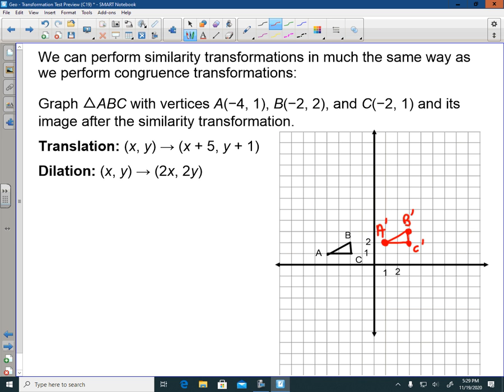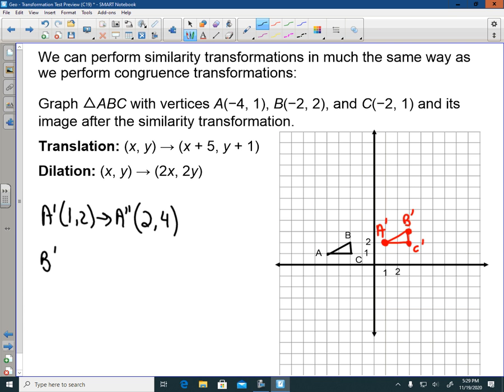And now we want to dilate. We're going to have to take A'B'C', figure out its coordinates, and then dilate them by 2. A prime is at 1, 2. And so A double prime is going to be 2 times each of those. So 2 times 1 is 2, and 2 times 2 is 4, and we've got A double prime.